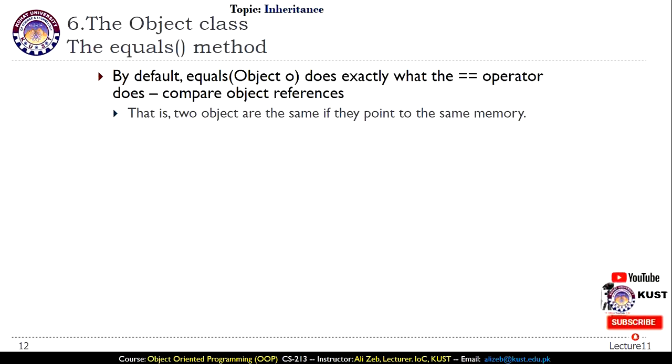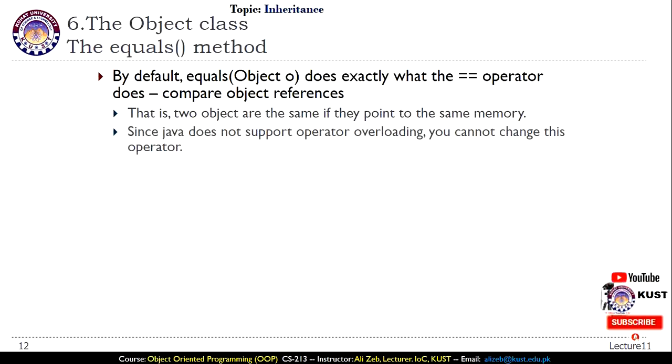We will revisit the equals method when we study strings, but here we will look at an example with a string and see what the equals method does, because this is a method in the Object class.